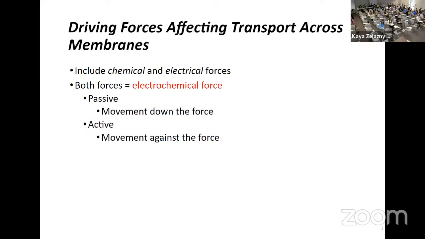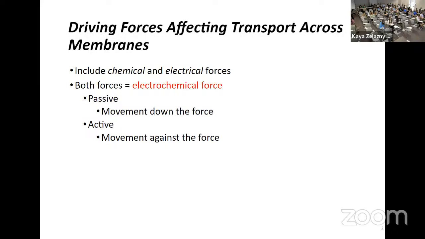So last time we reviewed, remembering that passive transport happens without energy, active transport happens with energy. To really determine whether we need passive or active transport to happen for a molecule, we're going to need to know what the force is, right? So we're going to need to figure out whether we're moving with the force.